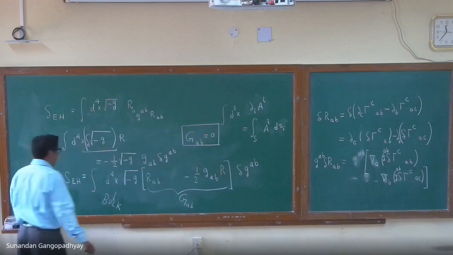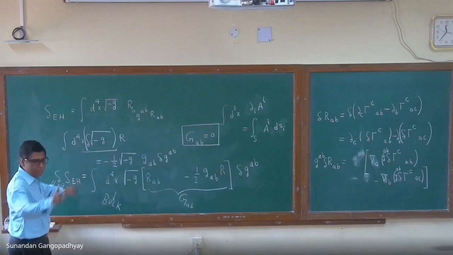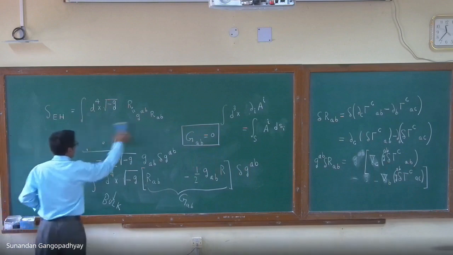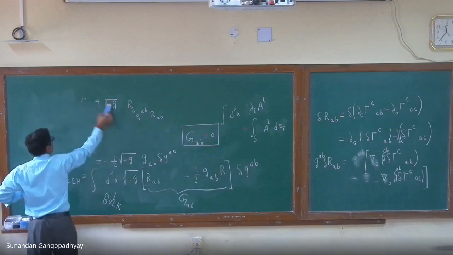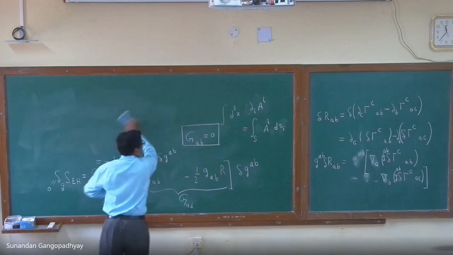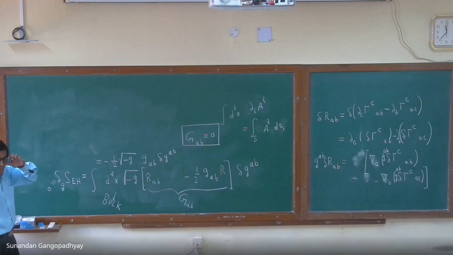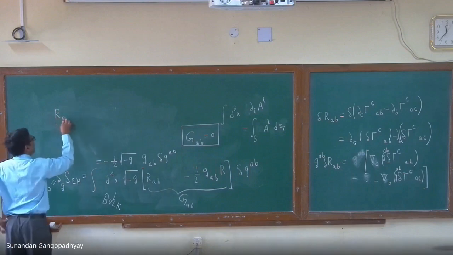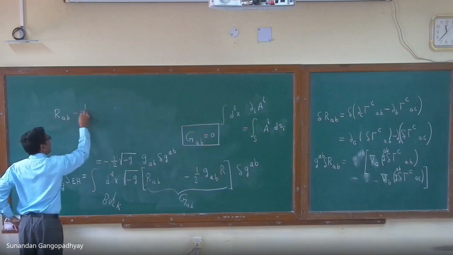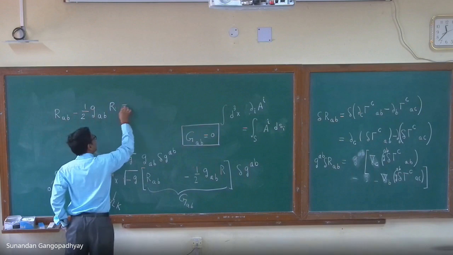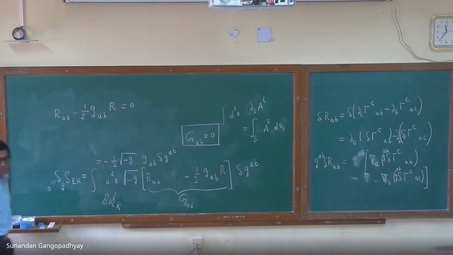Okay. I will get back to the boundary term once again, but before that, let me do a small exercise. So G_ab is equal to 0. These are the field equations of gravity in vacuum. To write it in longhand, these are the vacuum Einstein field equations of gravity.